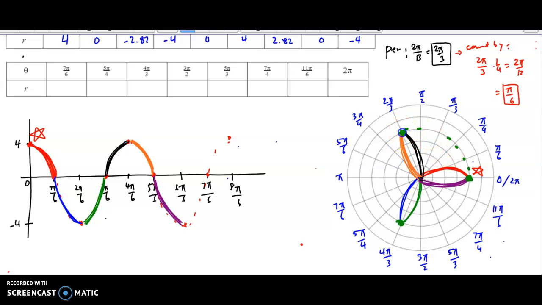The distance from here to here is also 2 pi thirds. And then the distance from 4 pi over 3 to here is also 2 pi thirds, right? So the period actually tells us the distance between each rose petal.